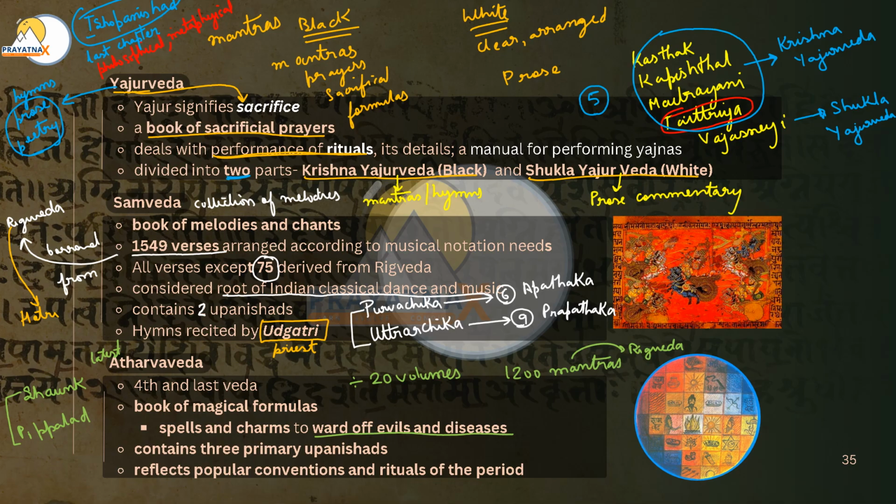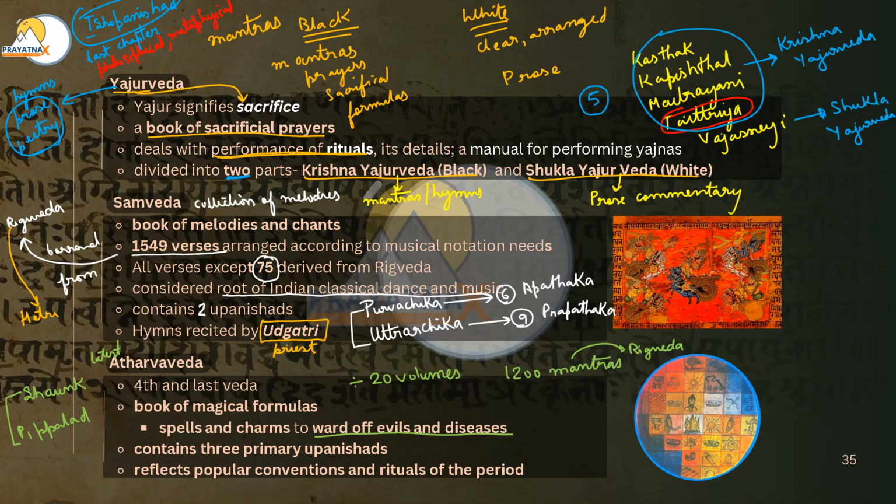So summarizing, Atharvaveda is the last and the fourth of all the Vedas. It is a book of magical formulas which contains spells and charms to ward off evil spirits and diseases. It also explains about the outcomes and explanations of how to overcome the evil spirits. Shank and Pipalad are the two branches of this.